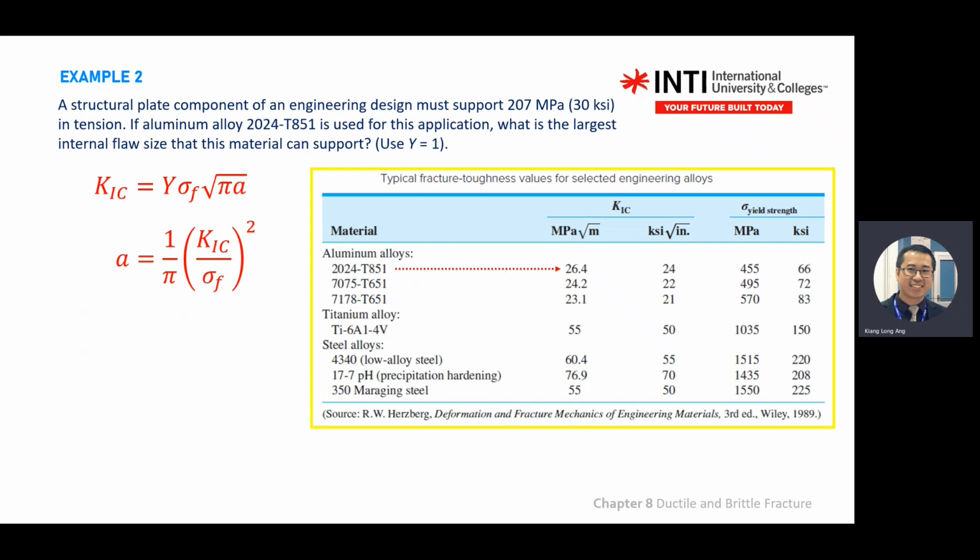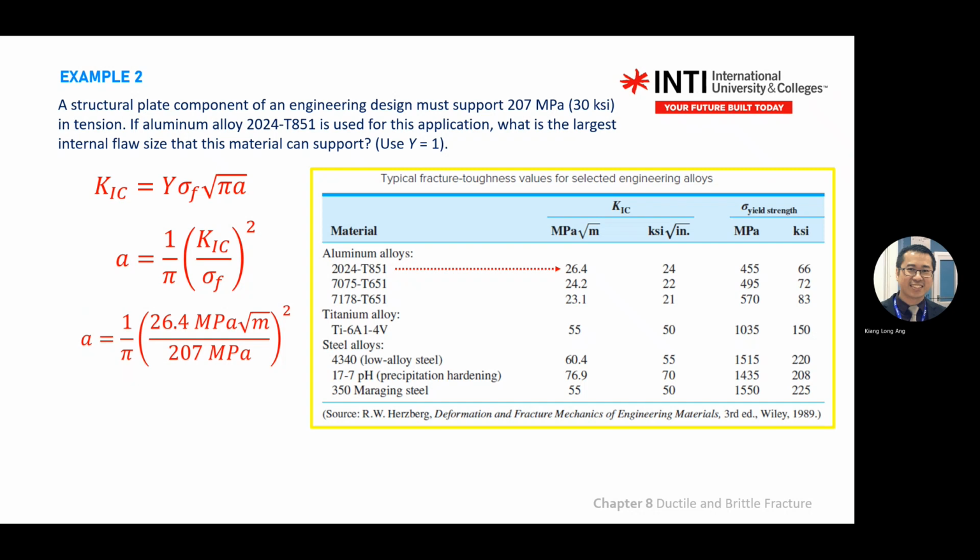You rearrange: pull the Y to the left, the failure stress to the left, the square root becomes square. So K1C you have, and the failure stress is given.